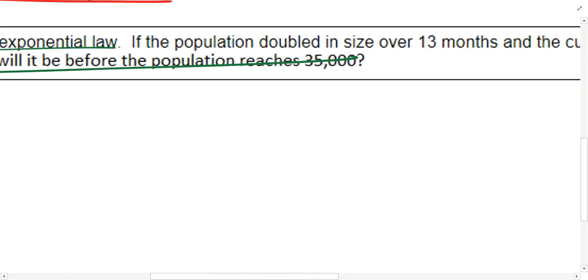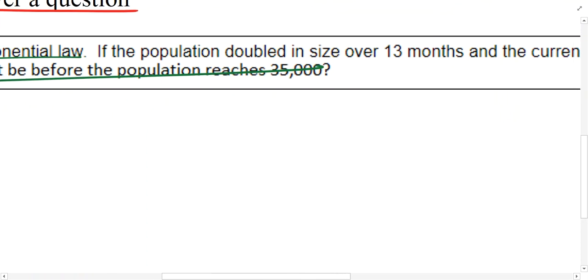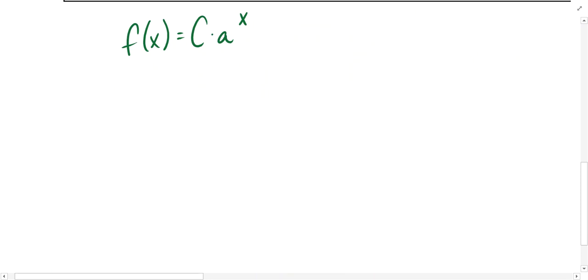Now we're told that the population doubles in size over 13 months, and it's currently 10,000. So if we're currently sitting at 10,000 members of this population and it doubles, well, now we're looking at 20,000 members of the population. So the end result is 20,000. The initial value is 10,000.